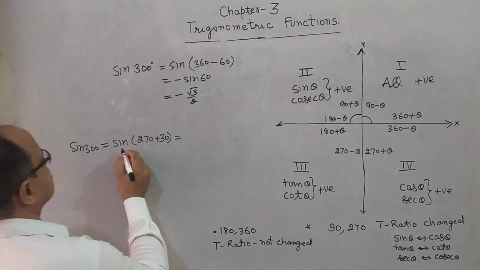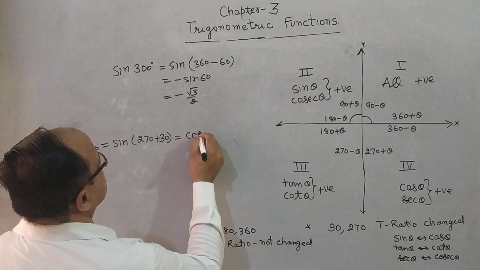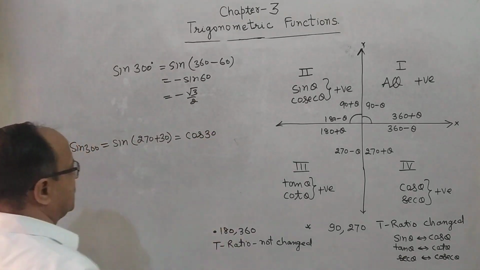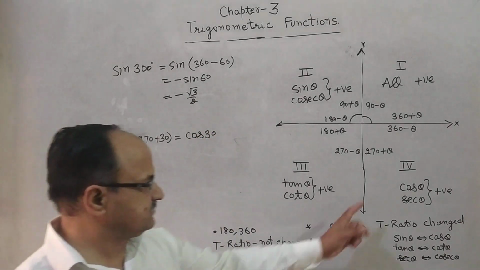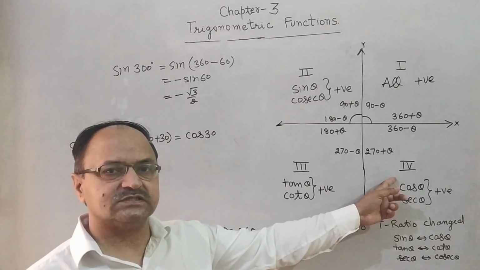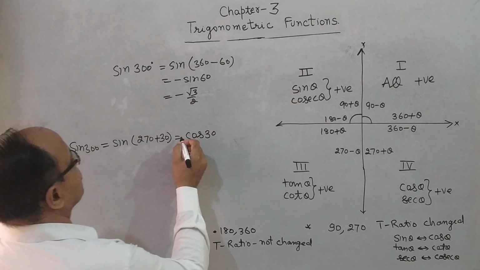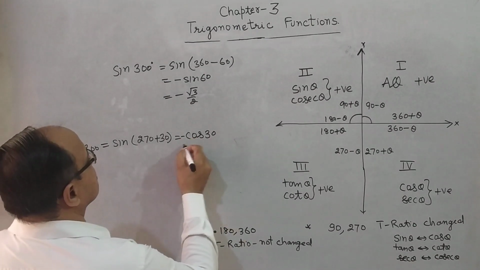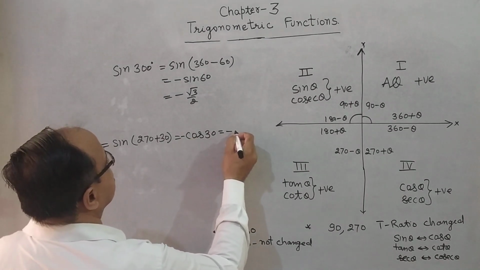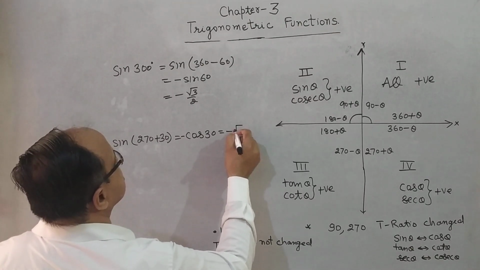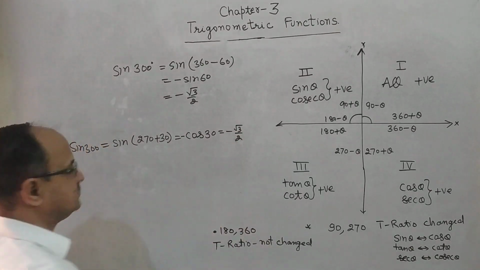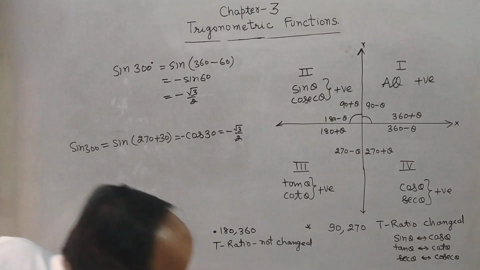Sin cos में change होगा. तो sin की जगह आ जाएगा cos 30. Now check the sign. In fourth quadrant, sin is negative. So if you write here minus sign, the value of cos 30 is root 3 by 2. That is the answer. Clear?